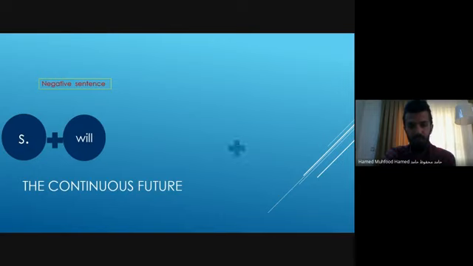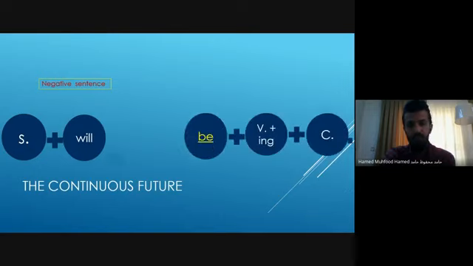So we can form a negative sentence in the future continuous tense by starting it with a subject, of course, and then we should have the modal verb will, and then the negative article not, and then verb be in its root form, and then we should have the main verb of the sentence in its ing form, and then a complement. So this is how to form a negative sentence in the future continuous tense, right?